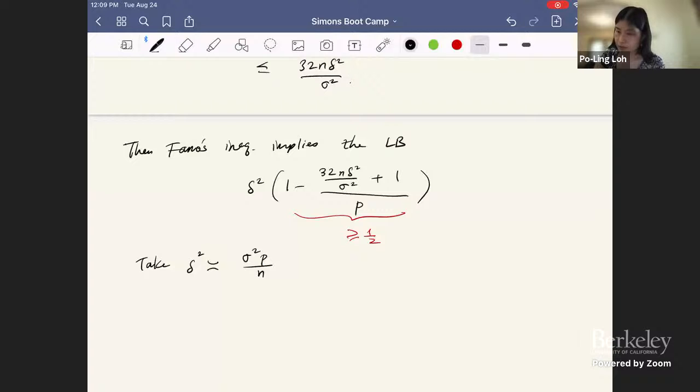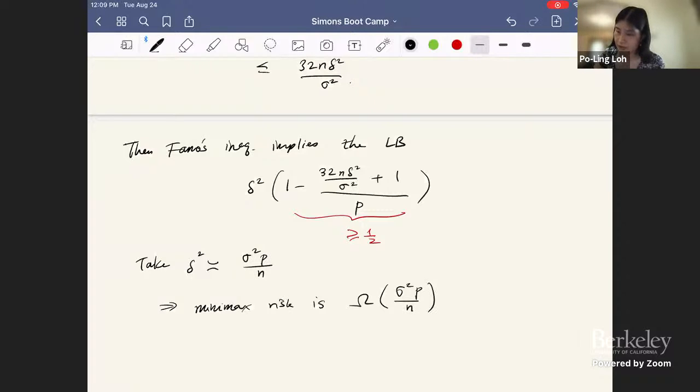Okay, so we just repeat that. To make this guy order of 1/2, you can rearrange things, so delta squared should be this order. And then that says that we can ignore the second term, and our rate is really just delta squared. So this implies that the minimax risk is omega of sigma squared p over n, which is what I claimed up above.